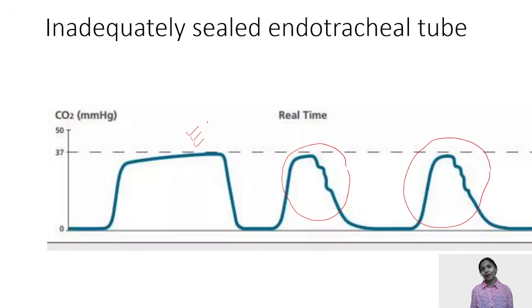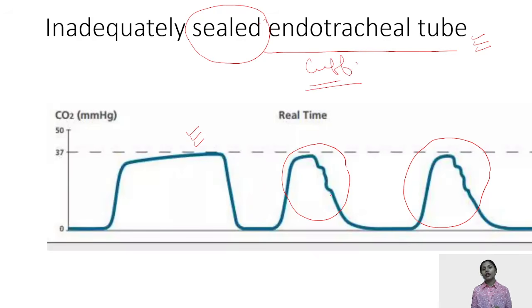One of the most common reasons is that your EtCO2 is getting leaked, because of which a lesser amount of EtCO2 is being sampled, and thus it is not like a normal curve. This can happen if your endotracheal tube is not adequately sealed. If the cuff of the endotracheal tube is leaking, then we can have such kind of capnographic waveforms.